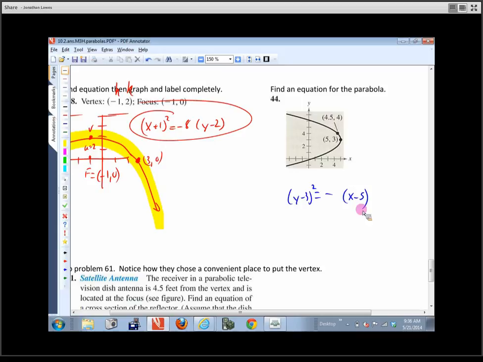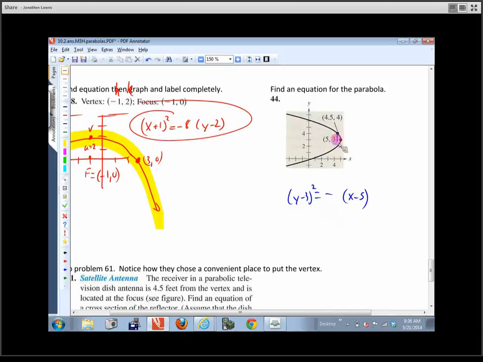Now, how do I figure out what this number is? There are a couple things that I would do to make it easy. We could put a 4a there, right? If they had told us the focus was right here, we could just measure that distance, figure out what that is, and that would help us figure it out.